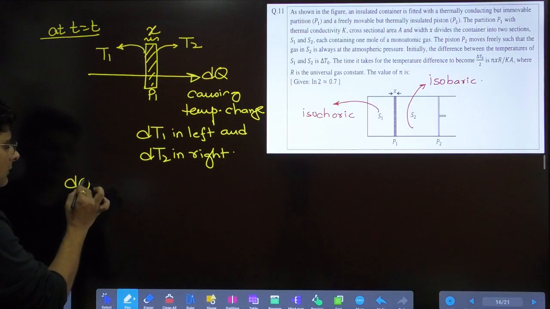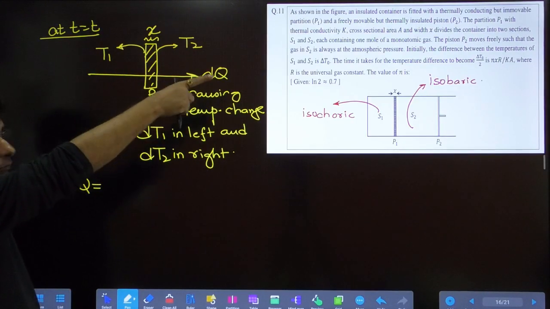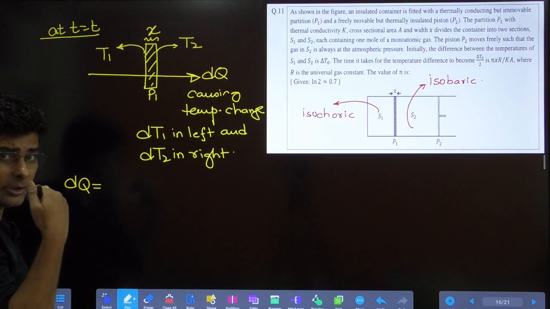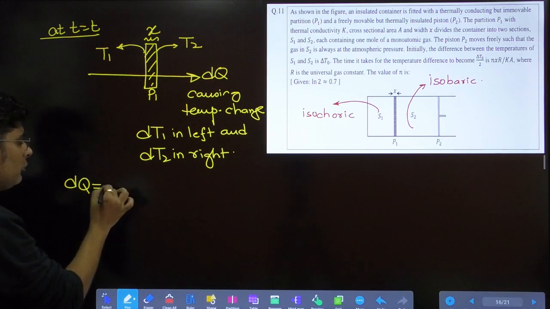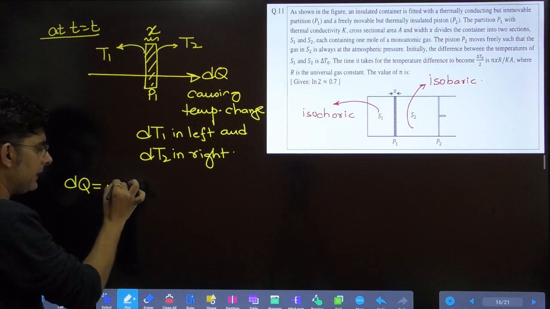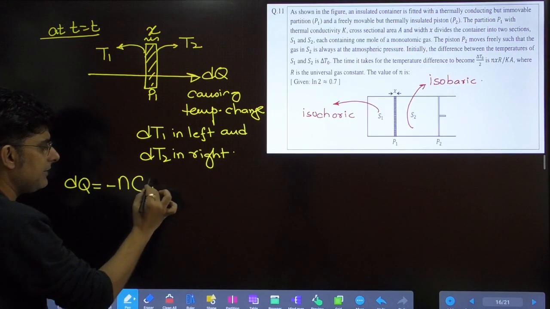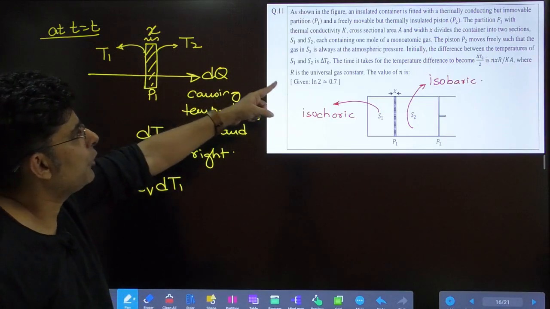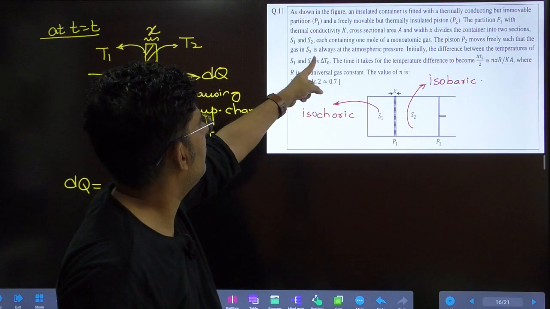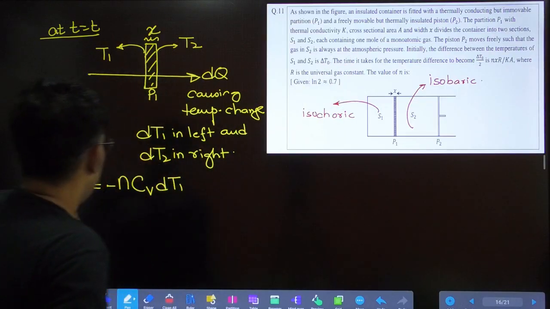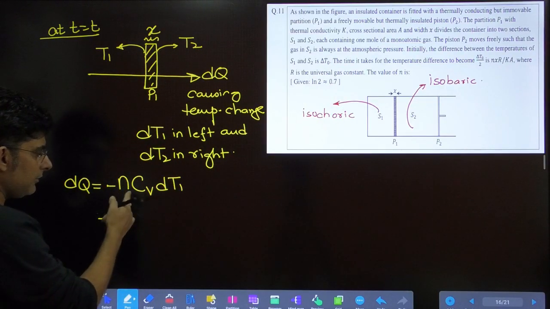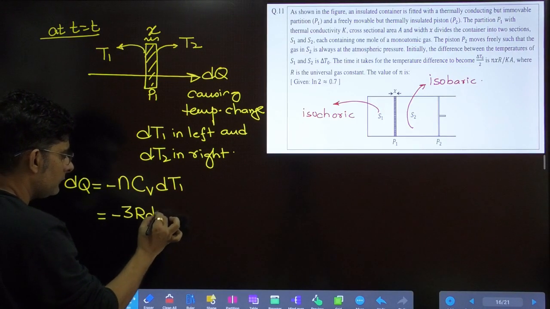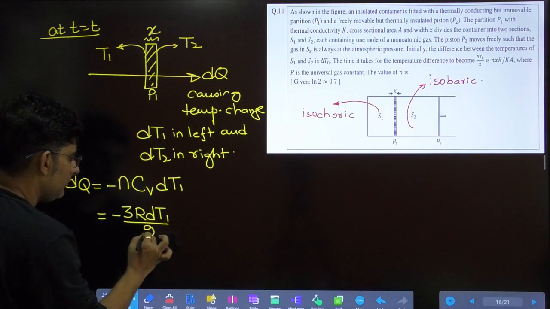First of all, we can write dq. Now this has flown from S1 to S2, so obviously its temperature will decrease. When it is an isochoric process and you are releasing heat, obviously the temperature will decrease. So dq for the left compartment I can write as minus n Cv dT1. Now they have given 1 mole of monoatomic gas in both, so moles are 1, Cv is 3R by 2, so minus 3R dT1 by 2.